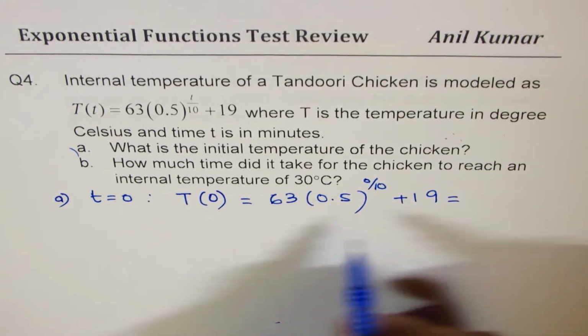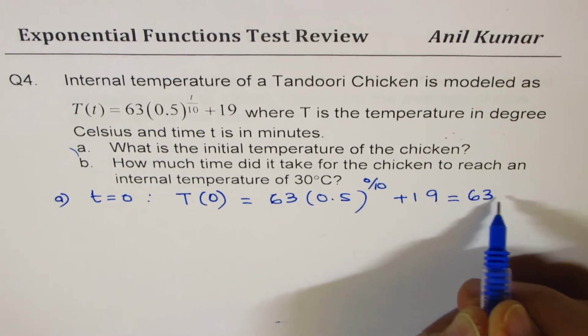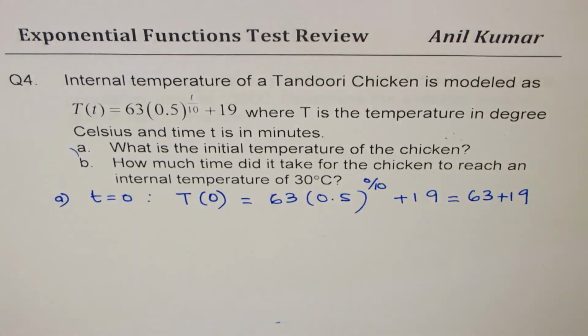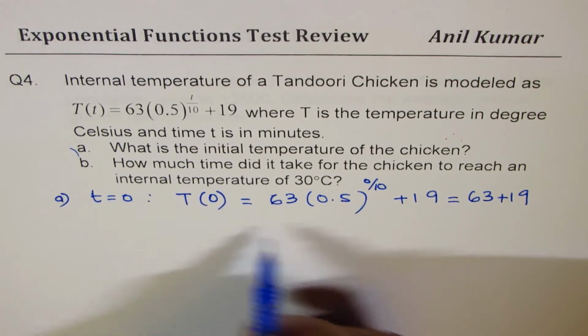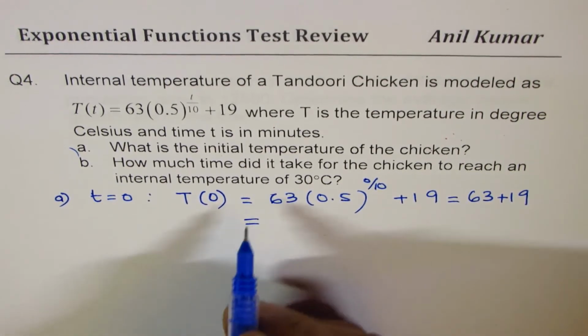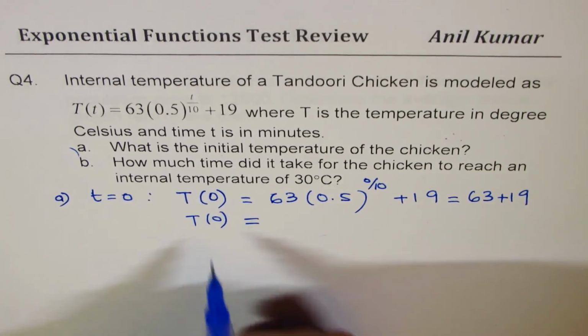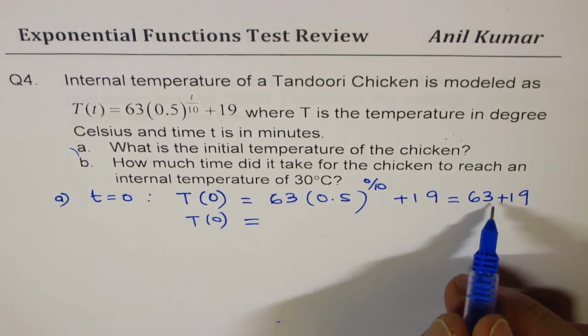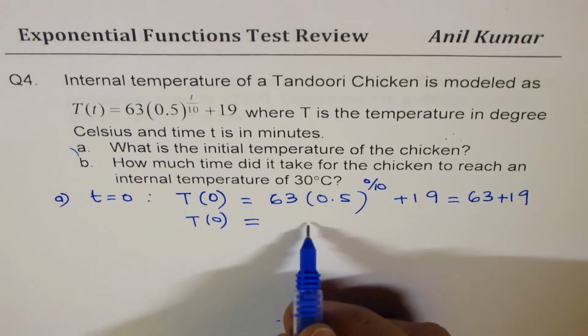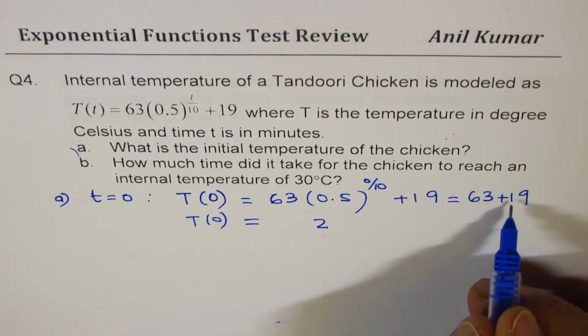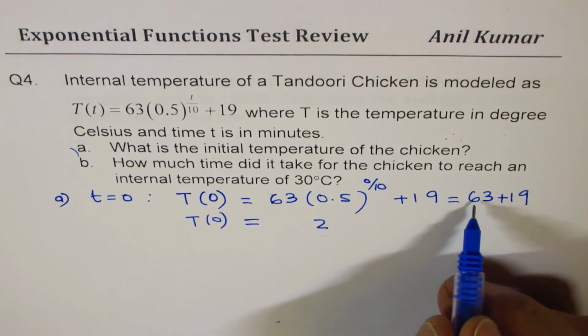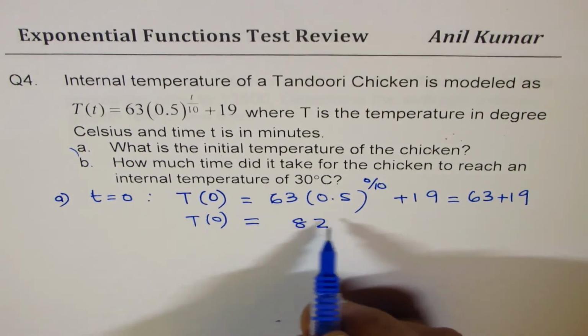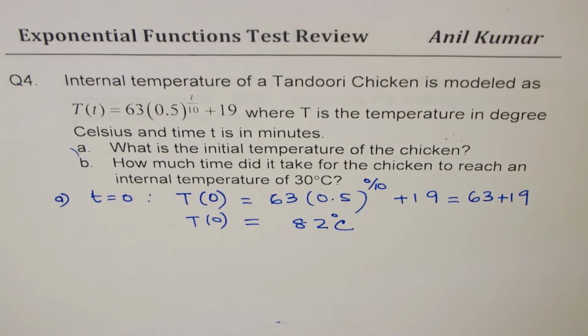And therefore what you get here is 63 plus 19 as your answer. So the initial temperature is 63 plus 19, which gives you 82 degrees Celsius. That becomes your answer. Perfect.